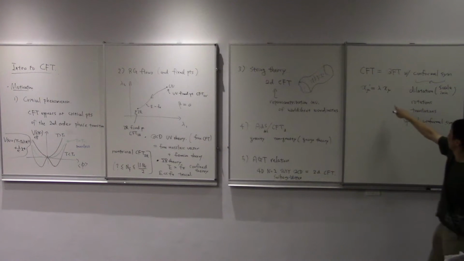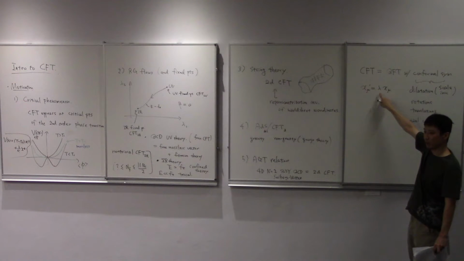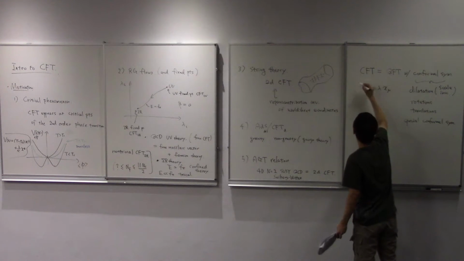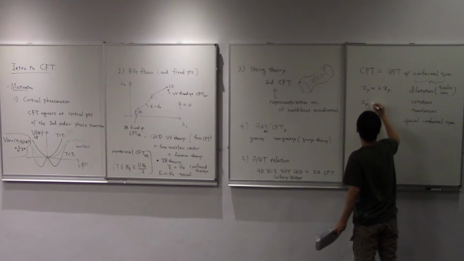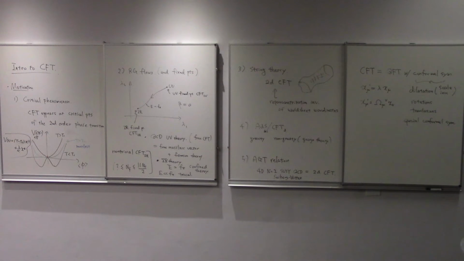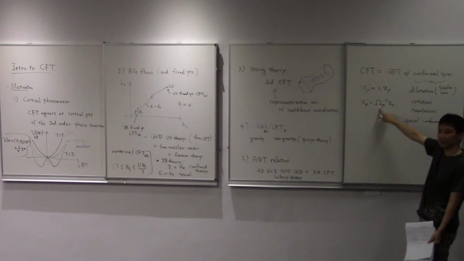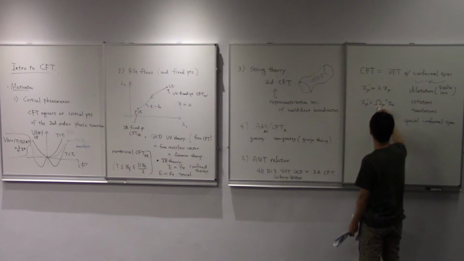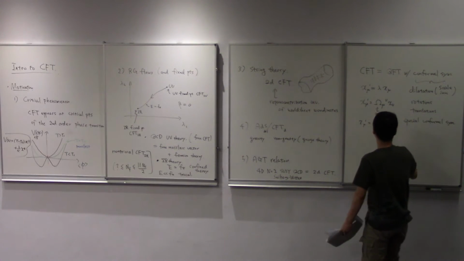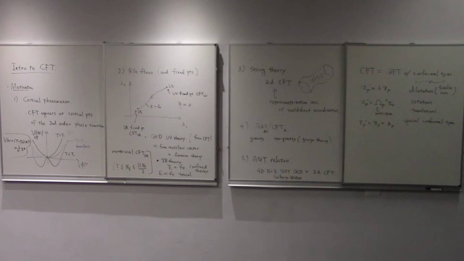Yes, I scaled coordinate x by parameter lambda. So this is the scaling transformation. Rotational transformation is given by this. This is the antisymmetric tensor. And the translation is the shift of the coordinate.